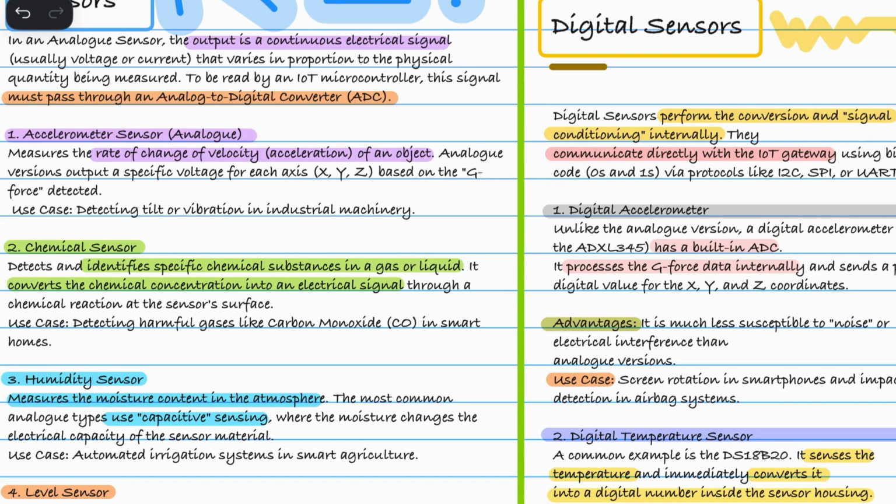It is a coated surface that changes its electrical resistance when the targeted gas molecules stick to it, and then it starts the action, that is, starting the ventilation fans.